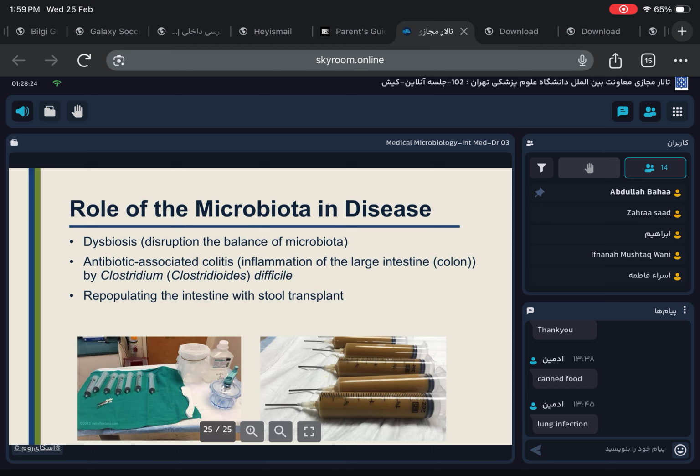So if the spores of this bacterium enter the intestine, now there is space for this pathogen to grow and attach to the tissues in the intestine and cause the infection, cause the colitis. And this type of colitis, because it's related to antibiotics, is called antibiotic-associated colitis. So it happens following the use of antibiotics.